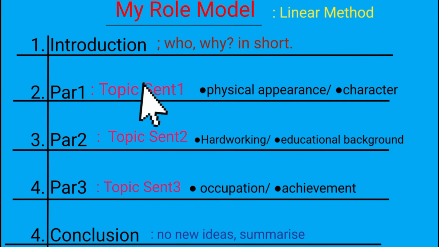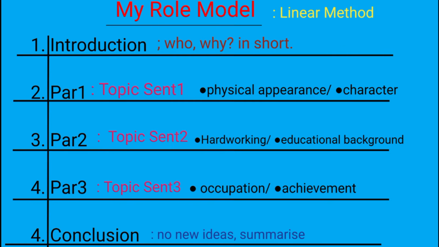In your first topic sentence, for instance, you can talk about her physical appearance or her characters, but do not forget to link those traits to why you have taken her as your role model. Is it her beauty? Is it her caring nature which made you take her as your role model?